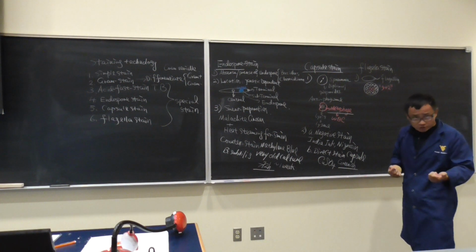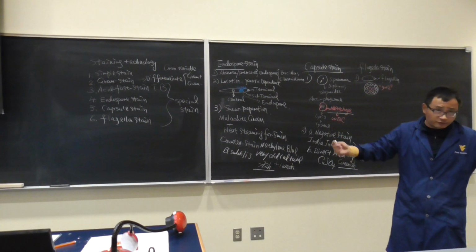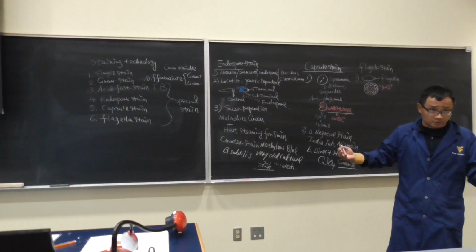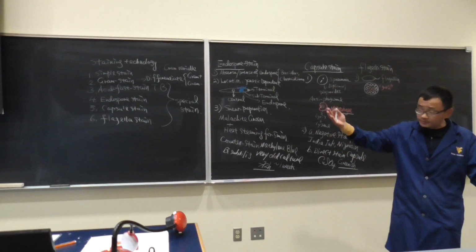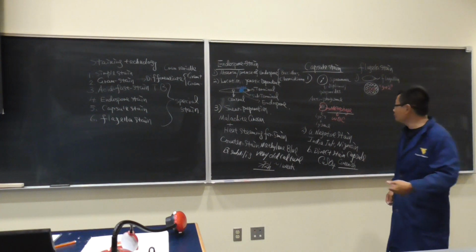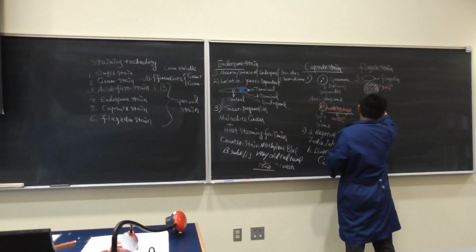Because the flagella is composed of flagellin, a protein, it is very soft. So we cannot just do a gram stain. The reason is if we use the gram stain method, it's very easy to be melted. So how do we do it? We need two glass slides.